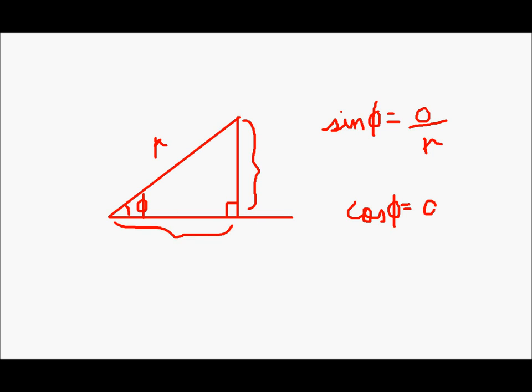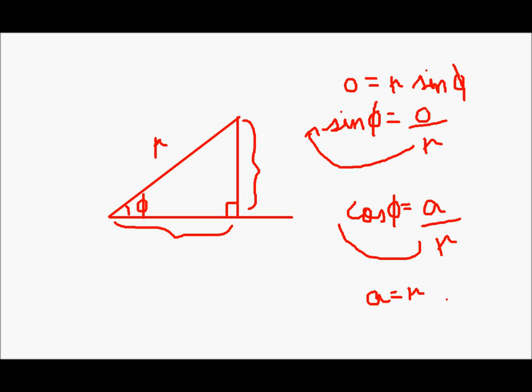We'll call it A, divided by r, that is the hypotenuse. So O can be written as, I'll bring r over here, O is equal to r sin phi and A is equal to, I'll get r over here, A is equal to r cos phi.